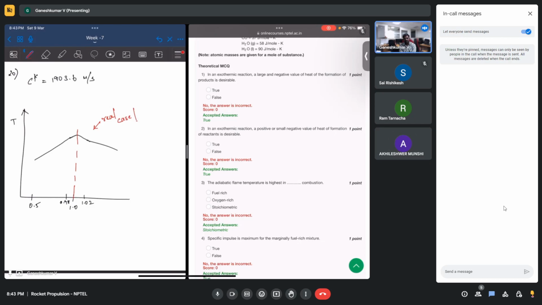But that is basic. It is highly dependent upon the fuels you are dealing with. There are a few fuel rich, and a few fuel lean. In off-stoichiometric conditions, you can see these effects. But please do raise this question in the forum. Let's see what the professor replies. Okay. Sure, sir.